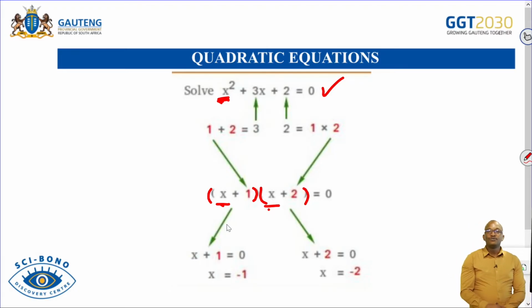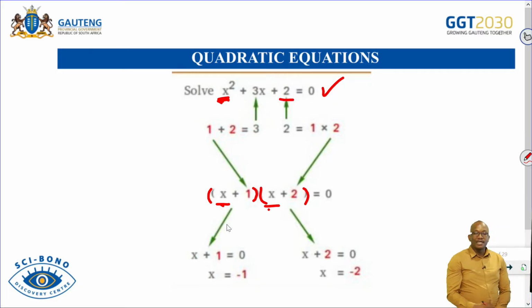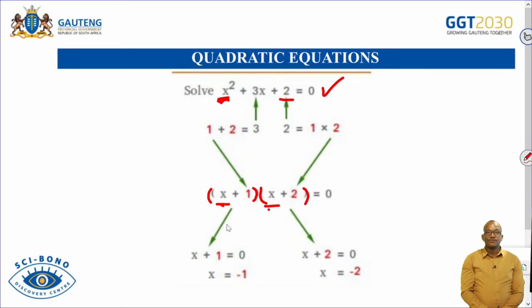Then how do we deal with term 2 and term 3 in terms of factorization? After separating your x variables, you look at the last term. You check the value of the last term, and you find that the value of the last term is 2. Then how do we deal with that?